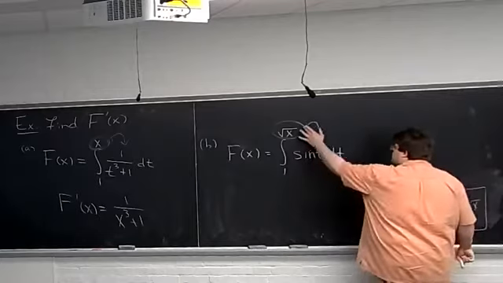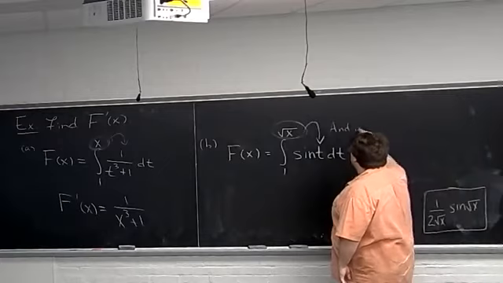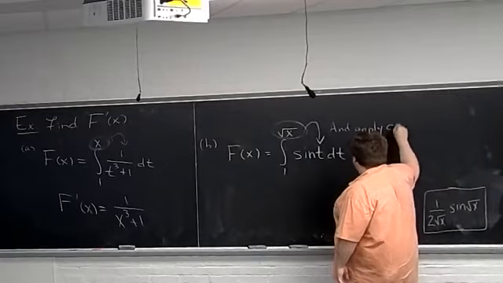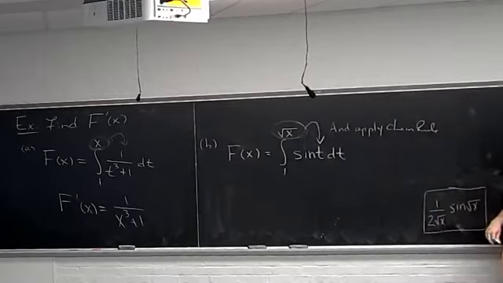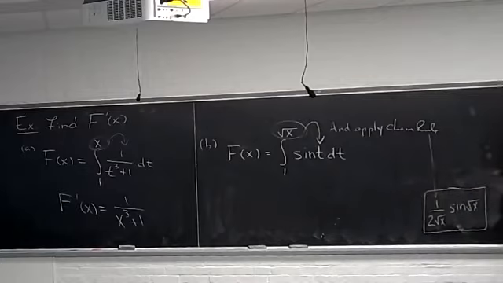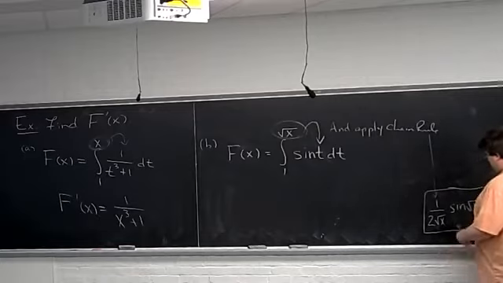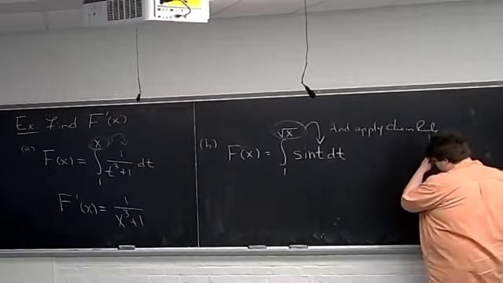So we can replace all t's with that and apply the chain rule. The chain rule says the derivative of root x is 1 over 2 root x, or half x to the negative half, and we multiply by that. So we really have another derivative rule that we could add to our list, making it 17, I believe.